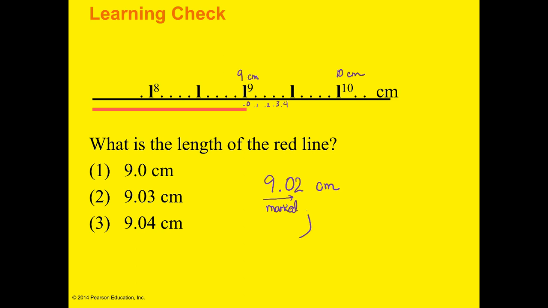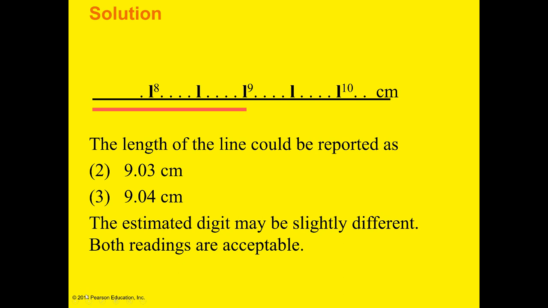But the important part is that a reading in the hundredths place is the correct reading. So either numbers 2 and 3 are appropriate. The estimated digit might be slightly different, but both readings are okay for this.